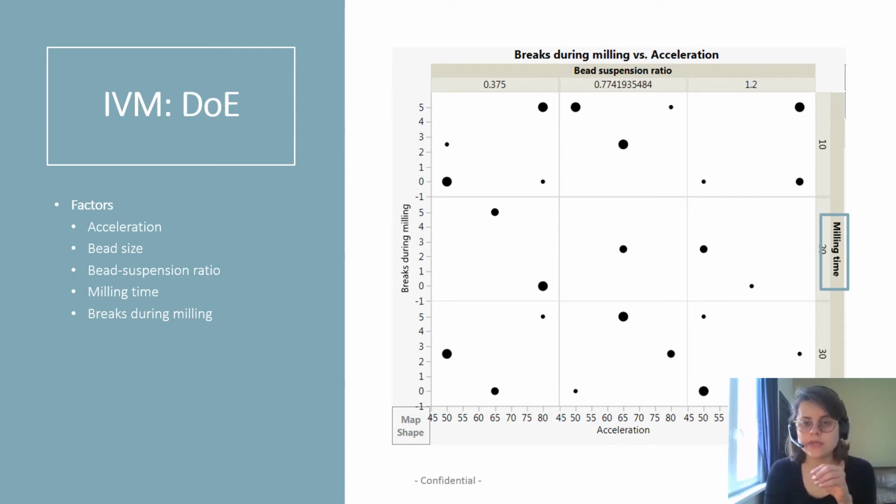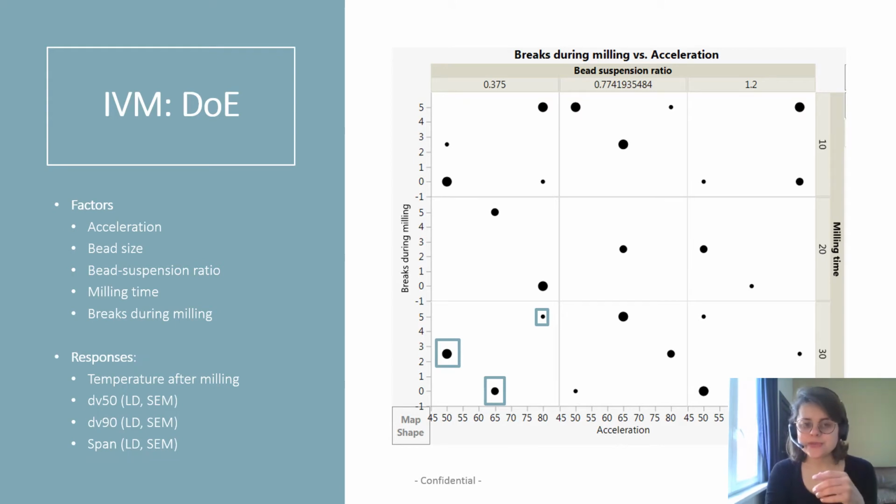After 30 minutes at most, we would like to achieve a nano or microparticle. The size of the dots represents the bead size. The small dots are the smallest beads that we used, and the big dots are the biggest beads that we used. With every dot representing an experiment, hopefully you can appreciate that the design space is really well covered.